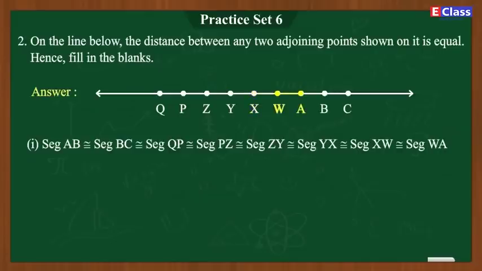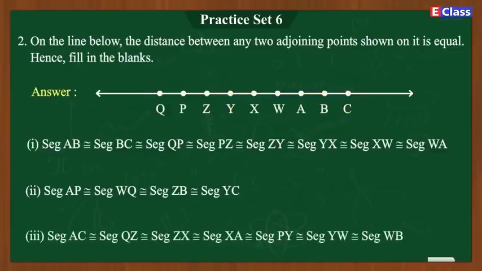2. Segment AP is congruent to segment WQ, which is congruent to segment ZB, which is congruent to segment YC. 3.